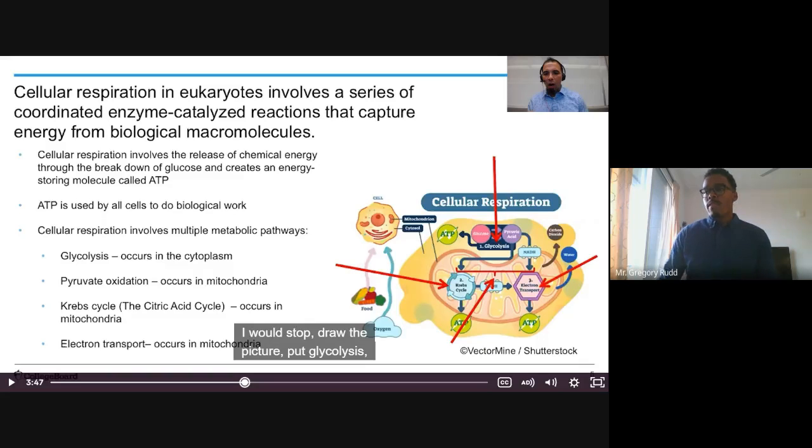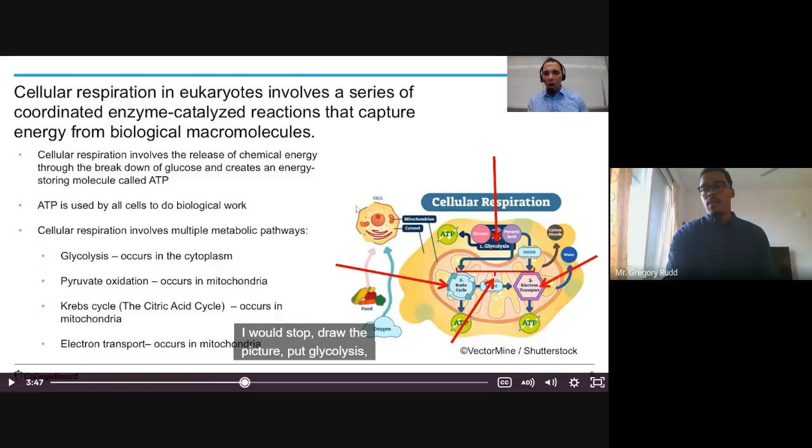Okay. Now, in this case, the reactions that we're talking about are listed down there at the bottom of the slide, and I do want you all to write those 4 reactions down. They are referred to as the metabolic pathways. The first one is glycolysis.